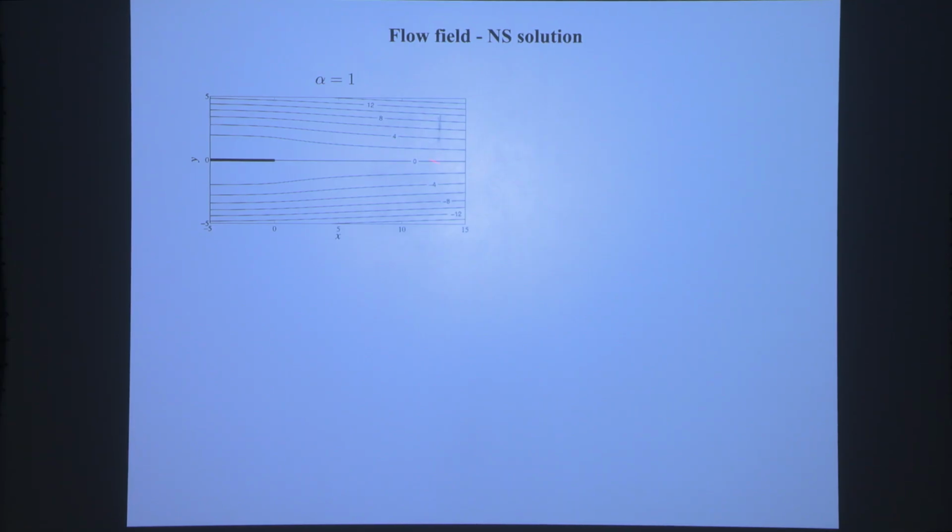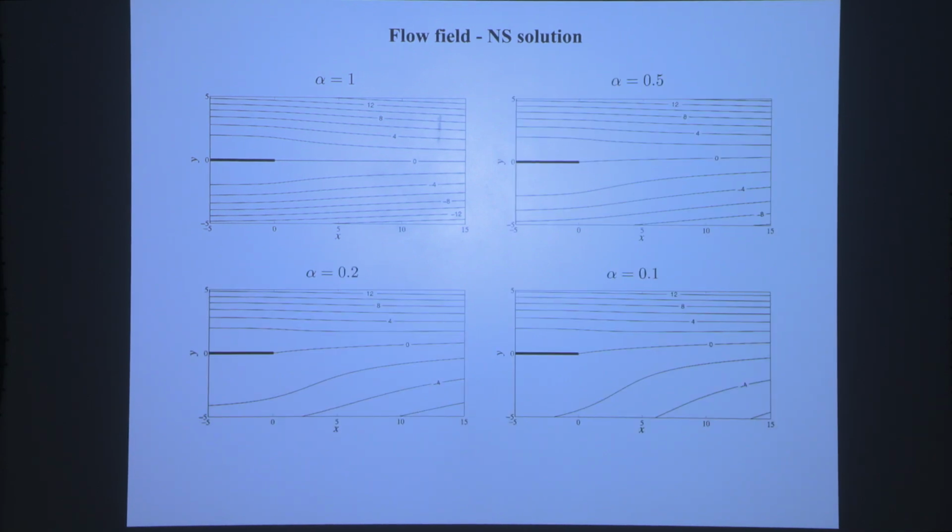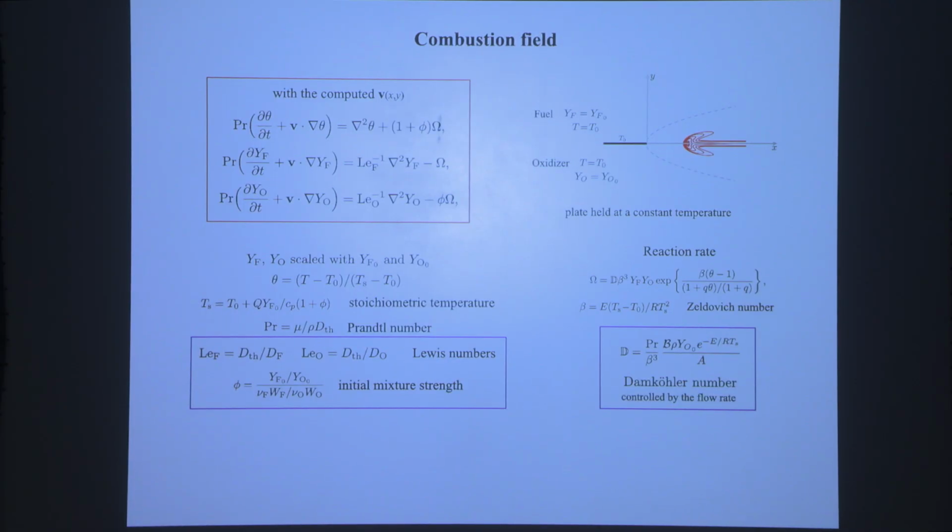When alpha equals 1, you get streamlines as such. The flow that starts mixing here accelerates and goes towards the wake solution. If alpha is not 1, you will get a picture as you expect. Here you have an entrainment. Alpha equal to 0 is a difficult case to do, so you do close enough to 0 and you get the picture of what's happening. So this is what the flow field will be if there are different streams.